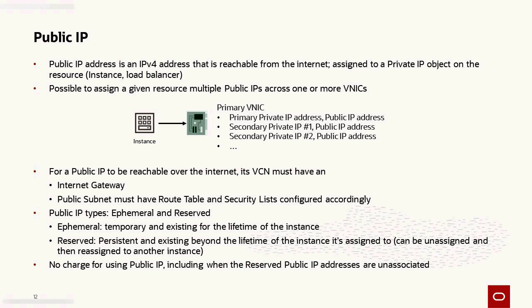Reserved IPs will become part of your OCI IP pool. These IPs persist even after the termination of your instance. In this case, the reserved IP will be unassigned and reallocated to your IP pool. This IP can then be reassigned to another instance.